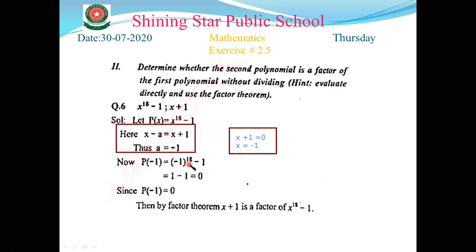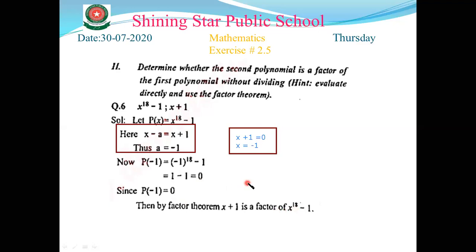Minus 1 power 18. 18 is even. So 1 minus 1, 0. Okay. Now if the answer of the polynomial after putting the value minus 1 is 0, it means x plus 1 is a factor of the given polynomial.